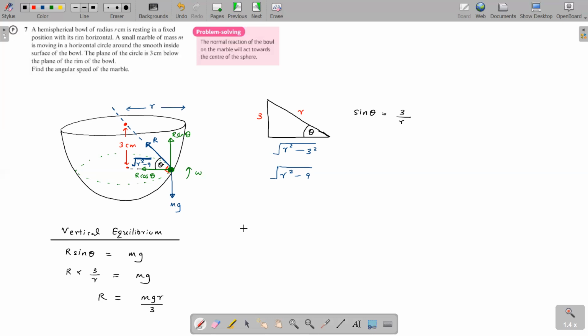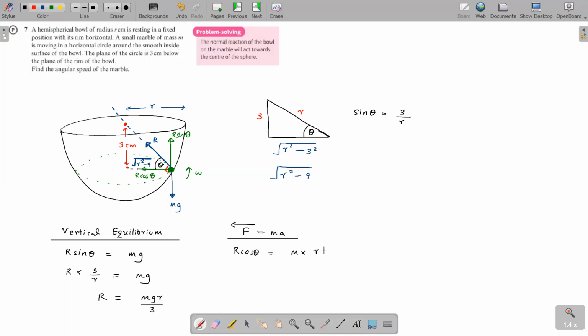Then let's apply F equals ma towards the center of the circular motion. Towards the center of the circular motion, the centripetal force we have is R cos theta. Guys, can you see? It's R cos theta. So R cos theta equals mass m into acceleration. For acceleration, you can use either r omega square or v square over r. Since I want angular speed, I'll go with r omega square.